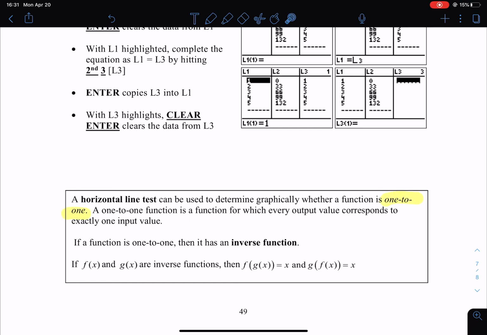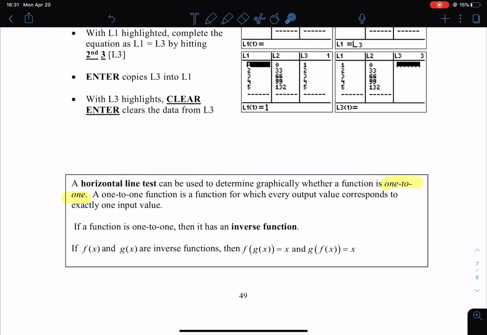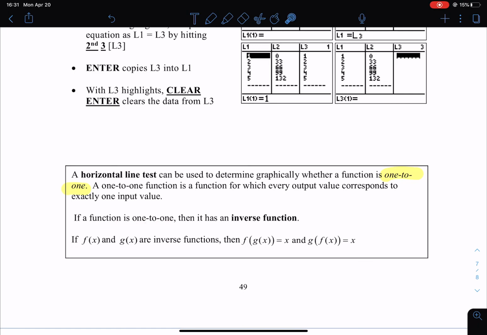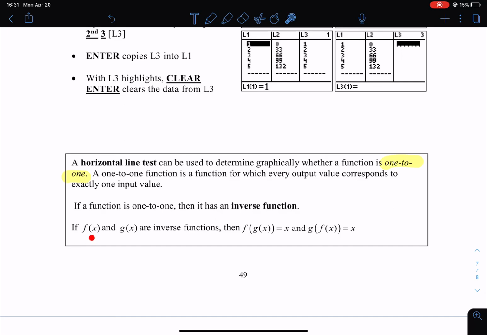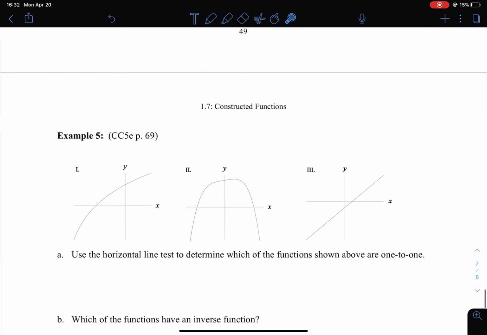A one-to-one function is a function for which every output value corresponds to exactly one input value. So if the function is one-to-one, then we can find the inverse function. If two functions f of x and g of x are inverse functions, then f of g of x is x itself, and g of f of x is also x.